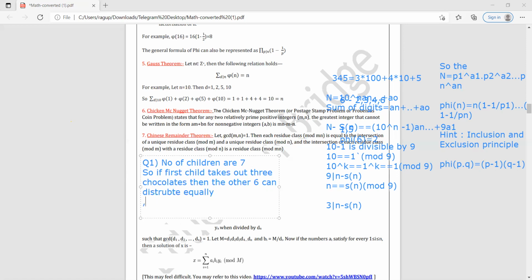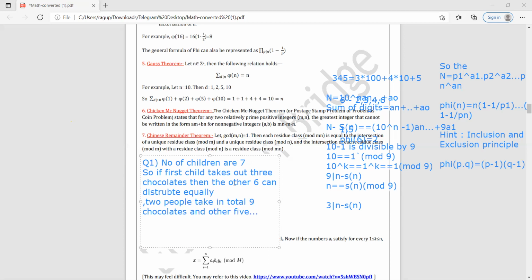Now the second takes 5 chocolates, and the other 5 can distribute equally. Other 5 of them, same condition.